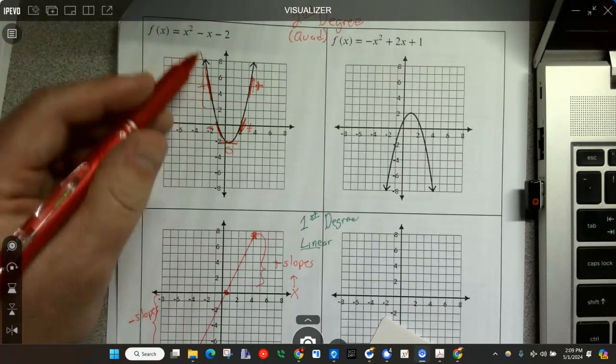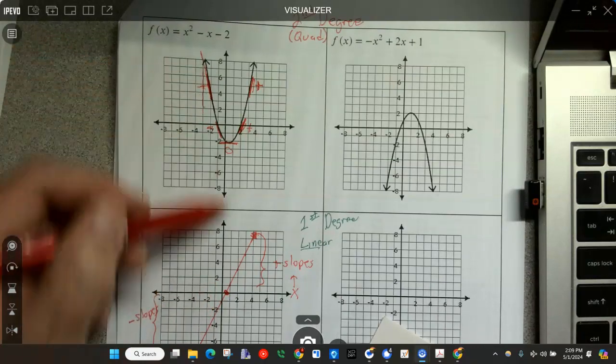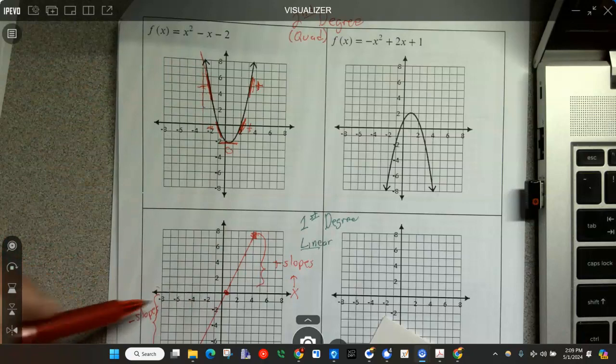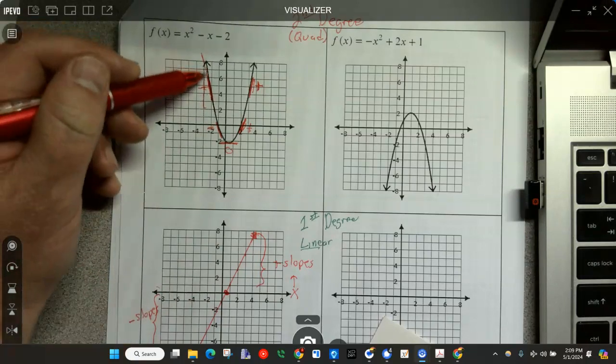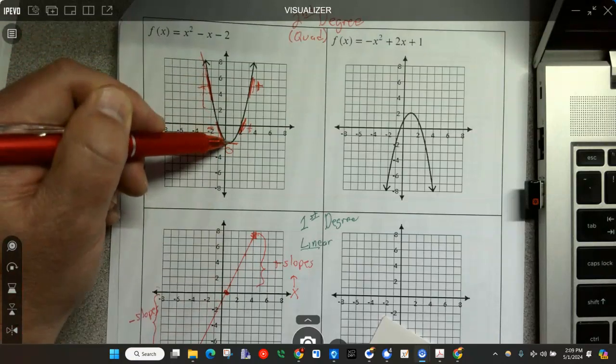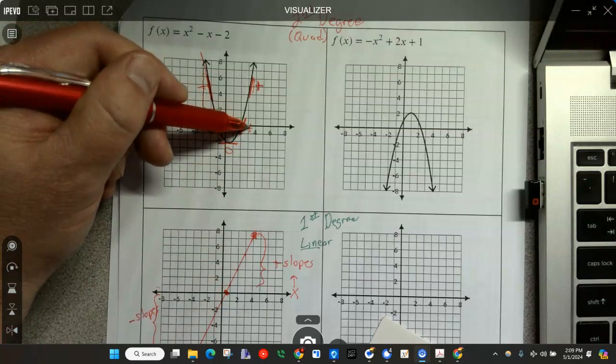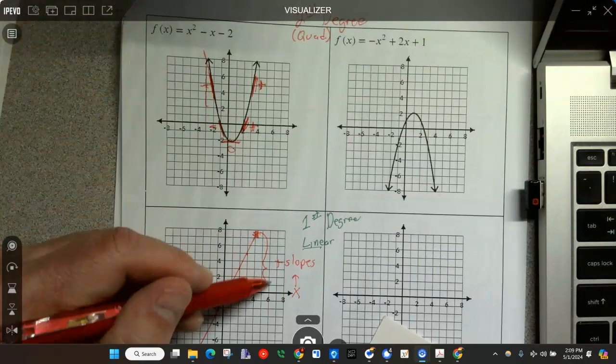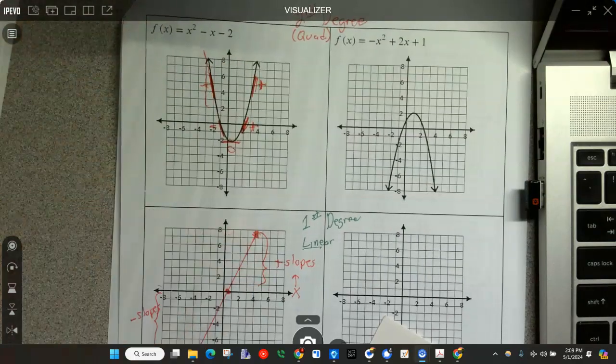So I can always tell when a function is decreasing, it'll just be below the x-axis. That's where all the decreasing would be negative slopes. It's going down, down, down, down, down, hits 0 at the vertex, and then starts increasing. Positive slopes, positive slopes. That's why those are graphed above the x-axis.